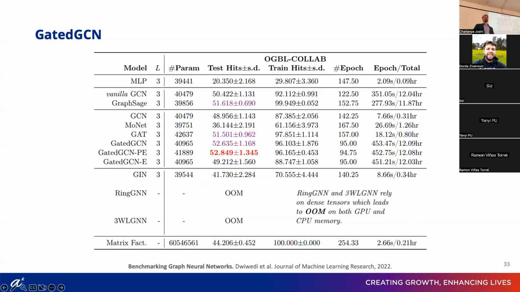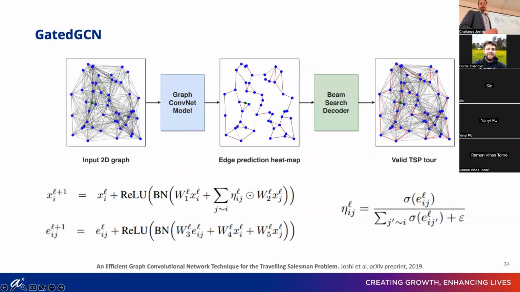Which particular model and GNN layer will we use? We opted for gated GCN for several reasons. One is that in the benchmarking paper, it performed well over several different tasks, including edge classification, where it achieved the best results compared to other models. Another reason is that it was used in Chaitanya's work on the traveling salesman problem, where they achieved state-of-the-art results with this model.